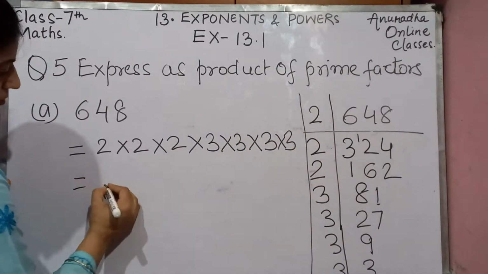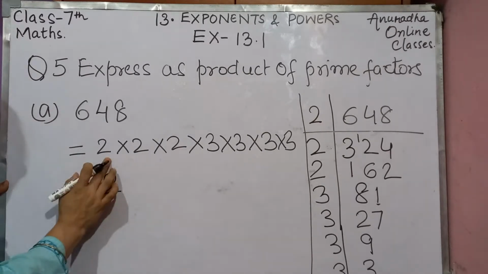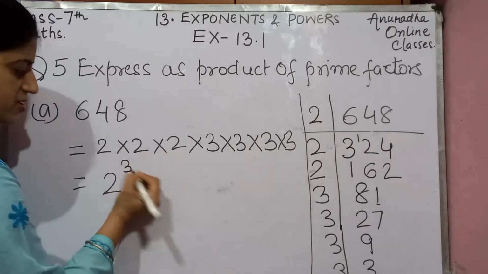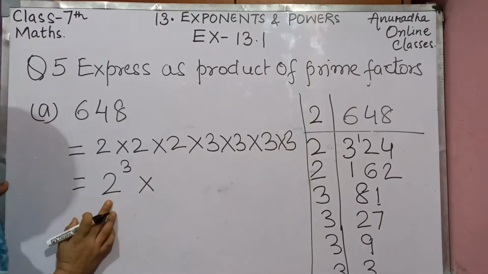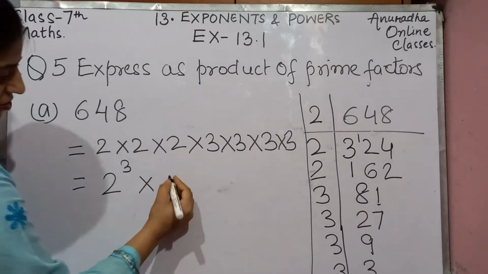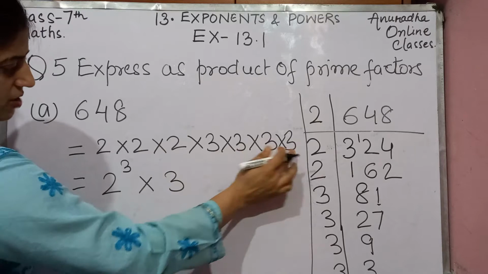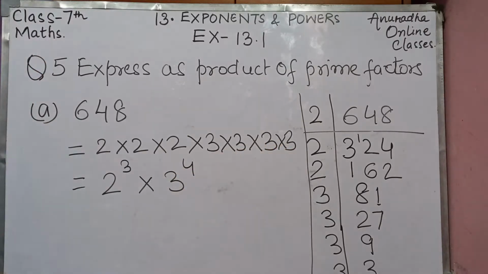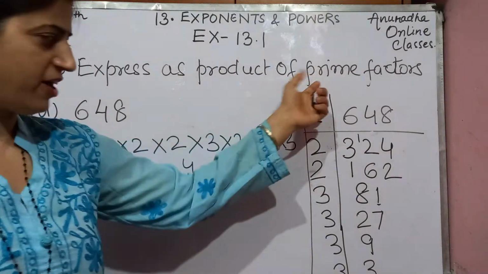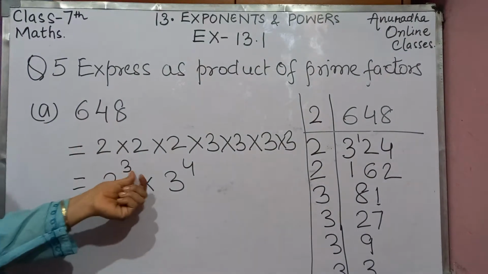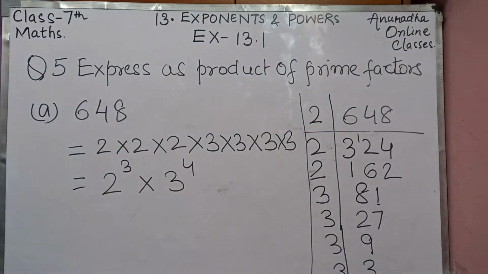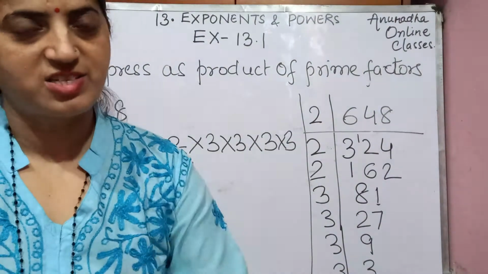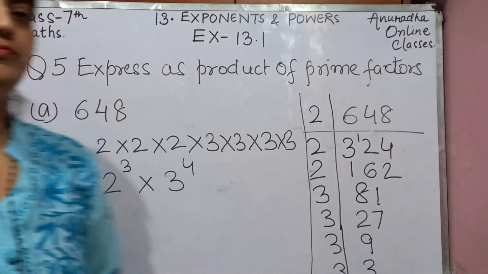So children, 2 is 3 times, that means into product of prime factors. 2 is a prime factor, 3 is a prime factor, 4 times. So what is the product of prime factors of this number? That is 2 raised to the power 3 and into 3 raised to the power 4. Okay, so in this way we have to do all its parts. Let's see the next part.